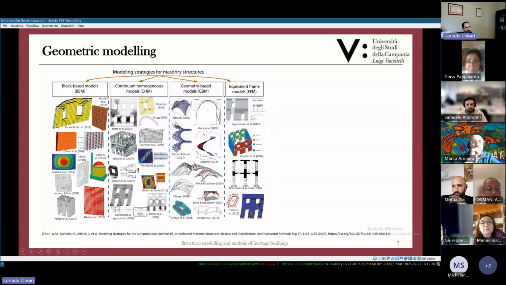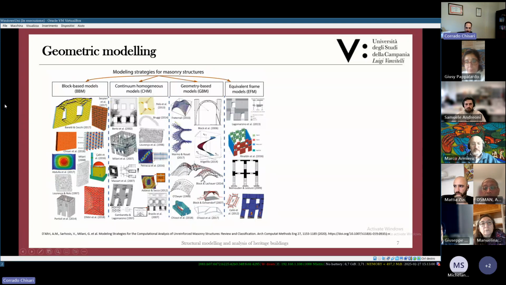The first group refers to the most accurate representation, in which masonry is formed by blocks and mortar generally. So a binder mortar, and the block can be brick, can be stone, and so on. The most accurate way of representing them is representing any element in the mortar ensemble.